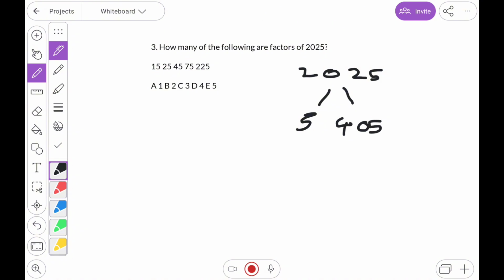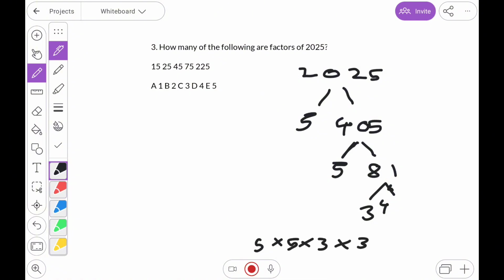Next, what is 405? Well, 5 again, and 81. 81 is 3, which is prime, to the power of 4. So, 2025 is 5 times 5 times 3 times 3 times 3 times 3.